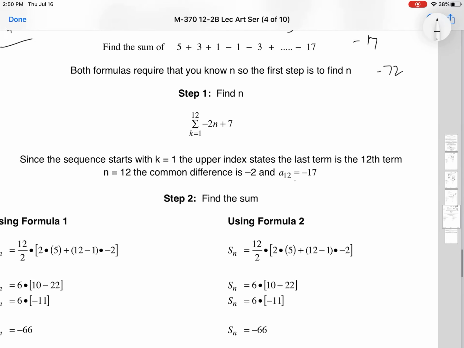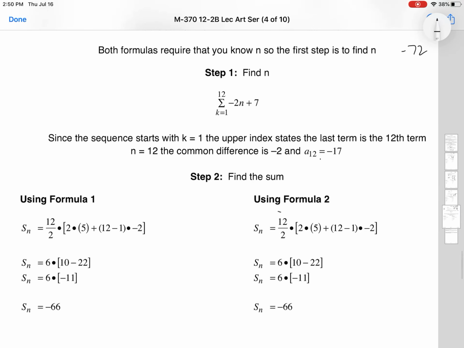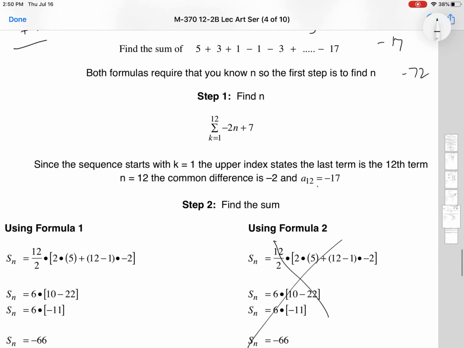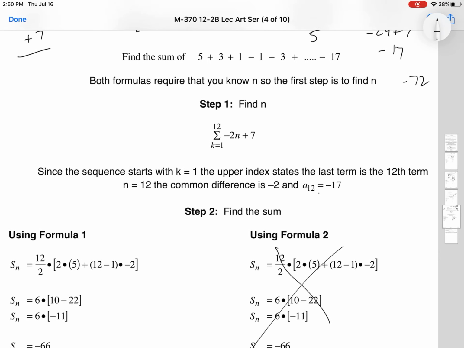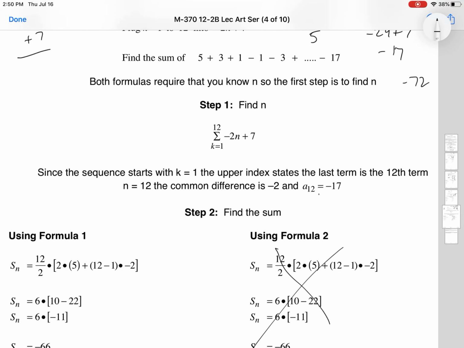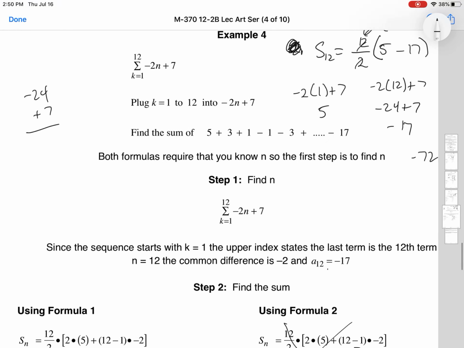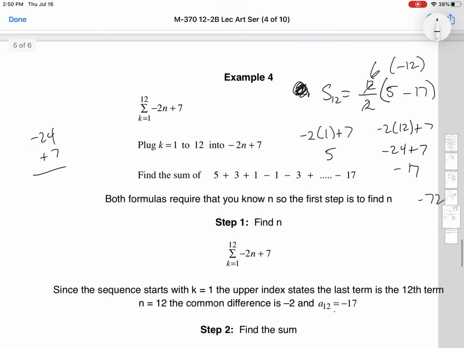So I'm not seeing a 17 in there. So I think this is incorrect down here, based upon something else. Don't know where the 5 and the 12 minus 1 are coming from. And the negative 2, 12 minus 1 makes sense, but I don't know where the 2 times the 5 is coming from in there. So it seems a little bit confusing.